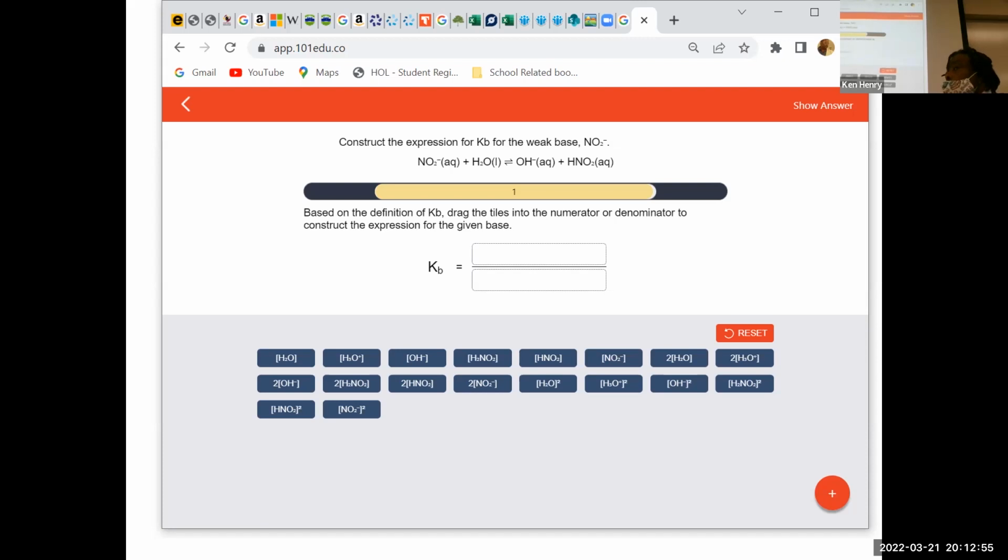Well, you don't include water, period, because it is a liquid. If it's a solid or liquid, we're not including it. The only things that we would include are gases and aqueous solutions.